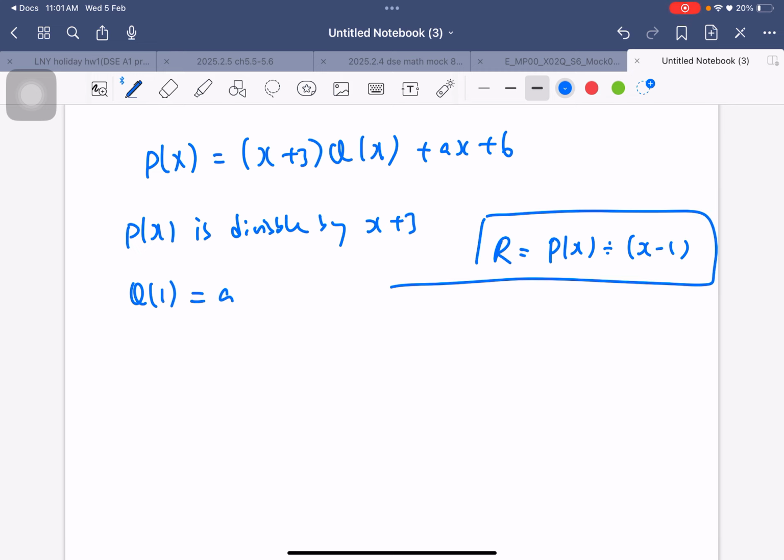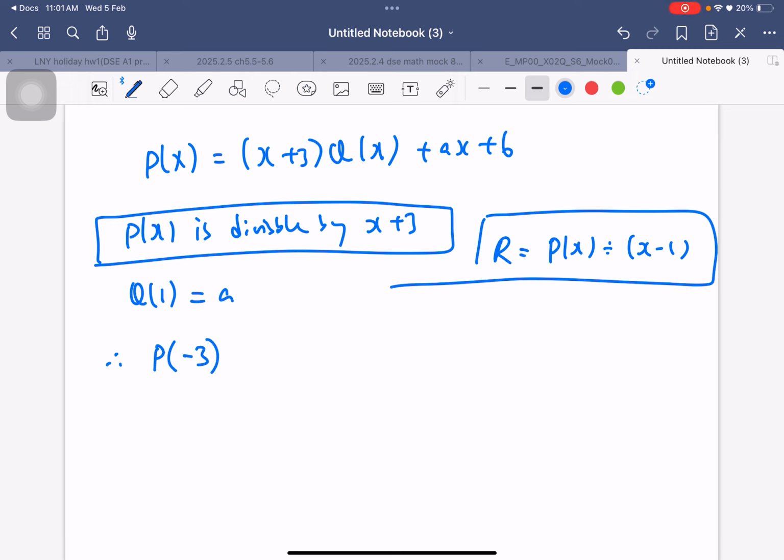Okay? So what we're going to do is this. First of all, starting from this line, we have P(x) is divisible by x + 3. So we have P(−3) equal to 0. If you substitute −3 in, then what we have? (−3 + 3) times Q(−3), and then plus a times (−3) plus 6, isn't it?